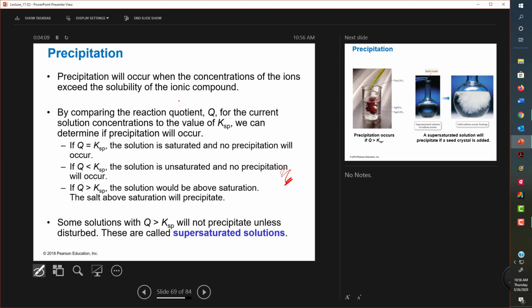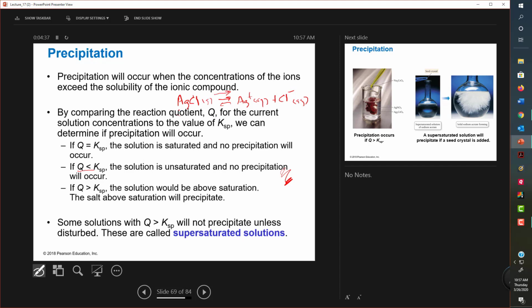All right, so what we're looking at is, again, silver chloride solid, and then that becomes silver ions aqueous plus chloride ions aqueous. Okay, so if Q is less than the equilibrium constant, this reaction will go in the forward direction.